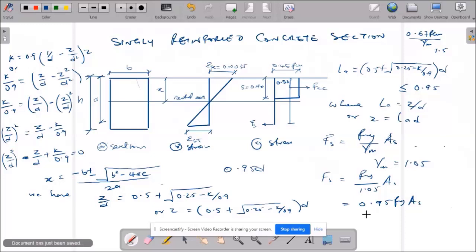But we know that M is equal to Fs Z, that is this multiplied by lever arm of Z, which we have here.